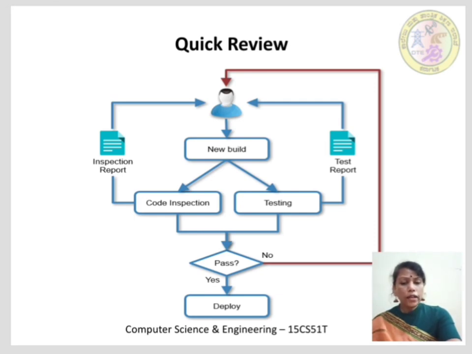On the other hand, the newly built product is also tested dynamically in order to detect errors, and this will generate a test report. Code inspection is also called code review, which refers to the act of inspecting code.